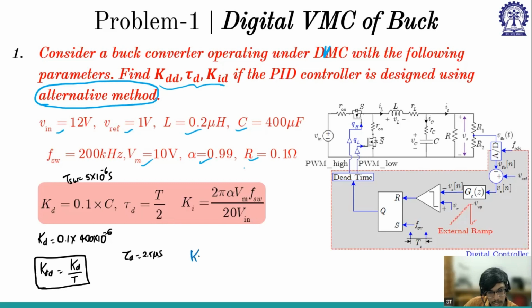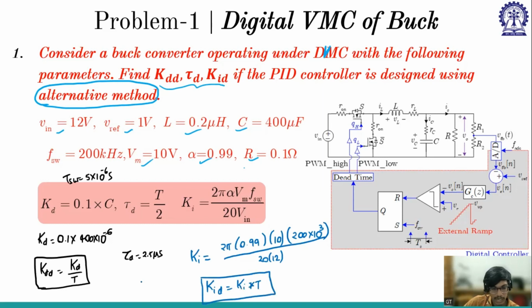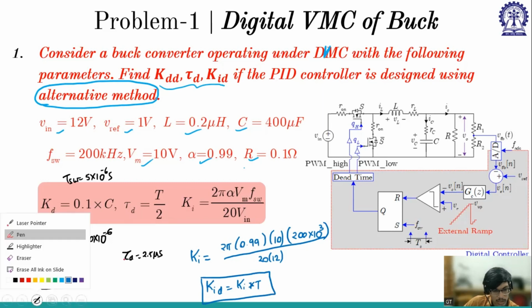KI is 2 pi, alpha is 0.99, VM is 10 volt, FSW is 200 kilohertz, divided by 20 into V input, which is 12 volt. This gives me KI in analog voltage, and KID will be KI into T. So that's how I derive KID, tau D, as well as KDD.